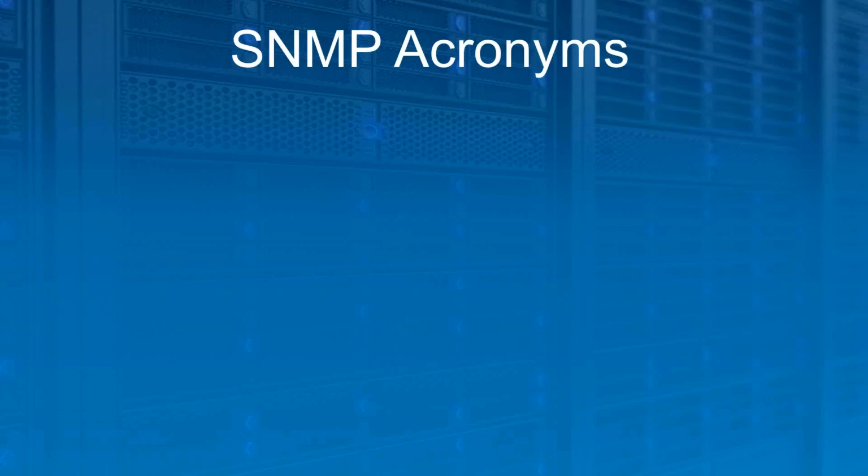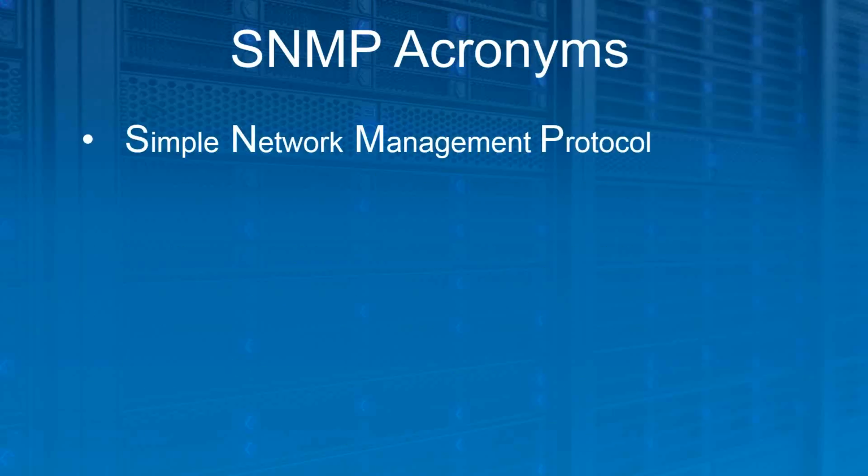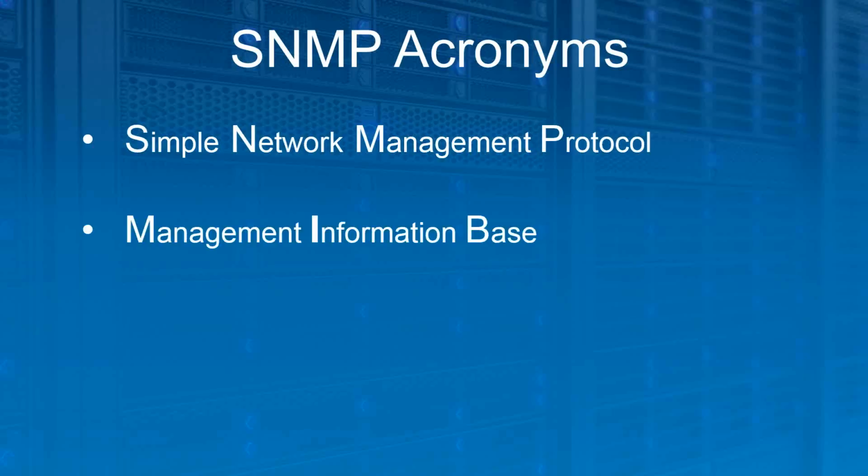So this may be a review for some of you, but let's quickly go over SNMP terminology and some of the acronyms we reference when we're talking about SNMP. First, SNMP itself stands for Simple Network Management Protocol. SNMP is supported on practically all network equipment, but it's actually moved beyond that, and a lot of other devices also support it in at least some capacity. A MIB is a Management Information Base.